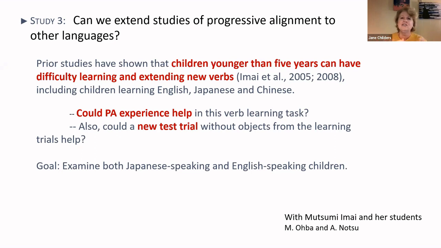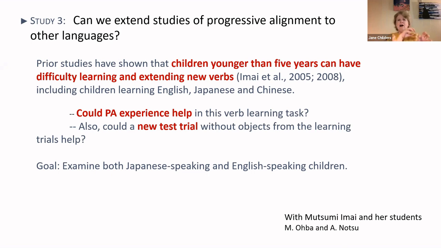So in the original papers, after the child sees one event, they're shown a test trial, and it's very controlled in that the object from the first event is moved in a different way on one side of the screen.